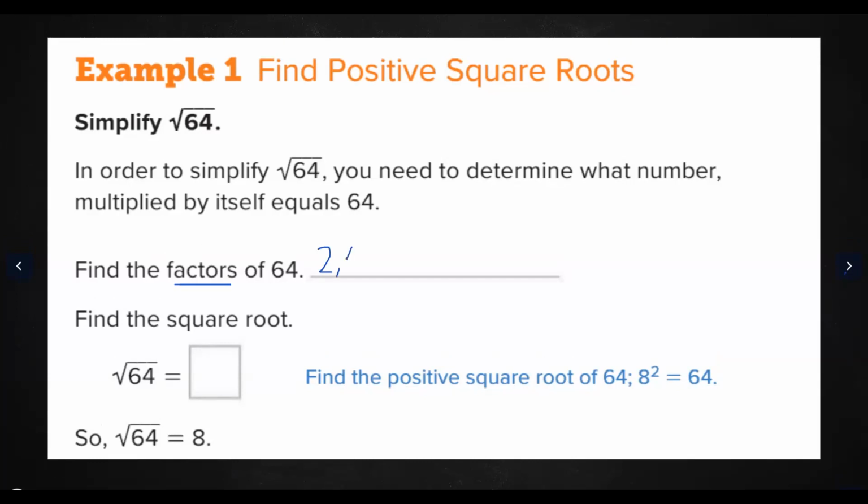It can also be divided by 4. We can also divide it by 6 and get a whole number. Can we? I mean, we can't, right? What about 8? We can divide it by 8.